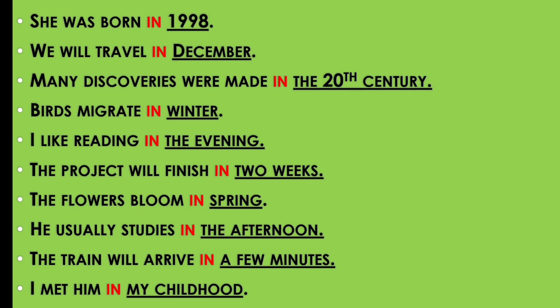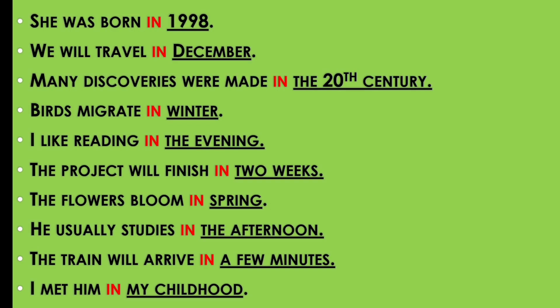A few minutes means there is no exact mention of time, so it also sometimes shows a longer period. My childhood, there is a particular age range, from the first year to approximately ten years, so it's a longer period. Whenever we are talking about a longer period of time, we use the preposition in. I hope everybody understands the preposition of time in.